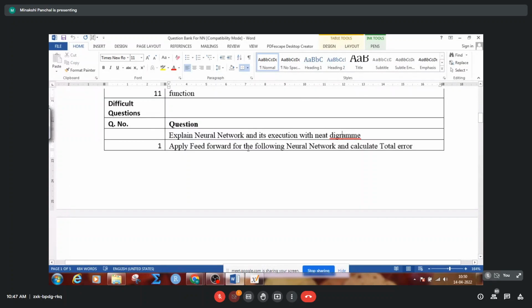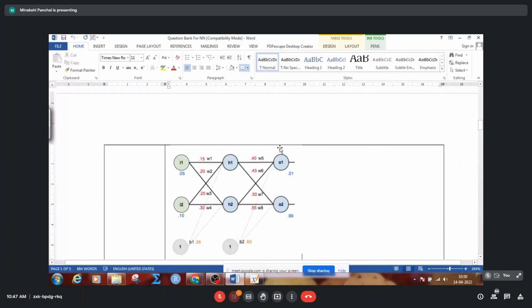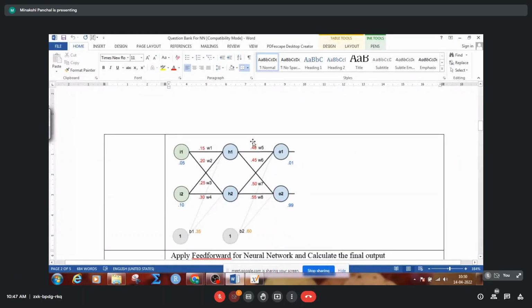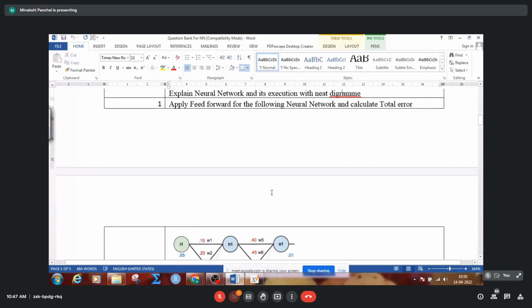Apply feed forward for the following neural network. I don't know how many of you have seen this question, but if it comes in front of you, apply feed forward network to calculate the total error. Now let me tell you how you can solve this question.